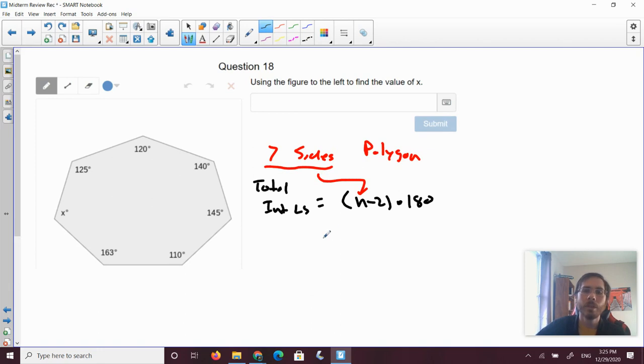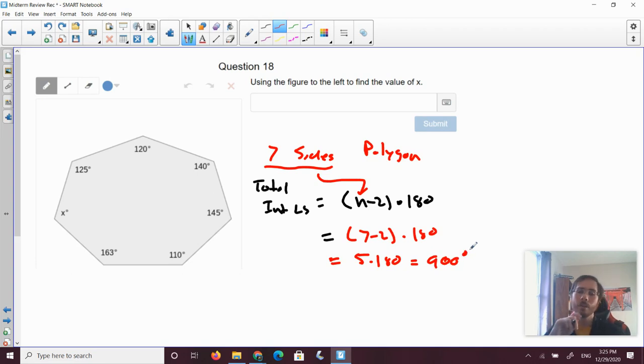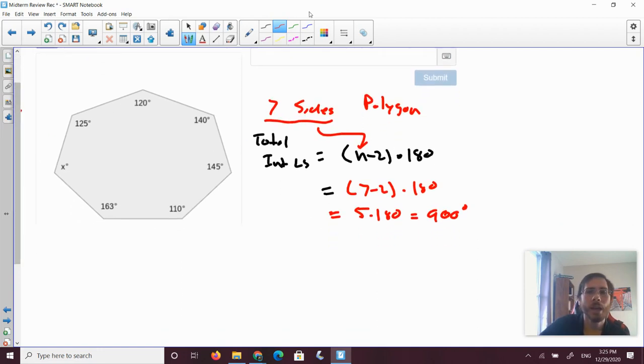In this case, since we have 7 sides, n is going to be 7. So this is going to be equal to 7 minus 2 times 180, which is 5 times 180, which is 900. So that's what we would get if we added them all up. So we have to add them all up. We're going to take each of our angles and add them up.